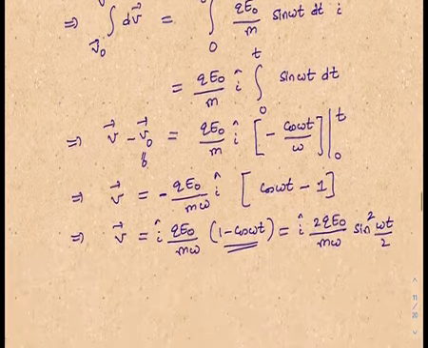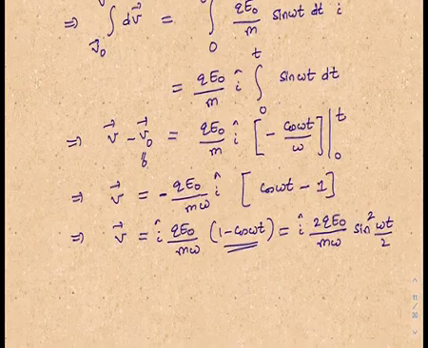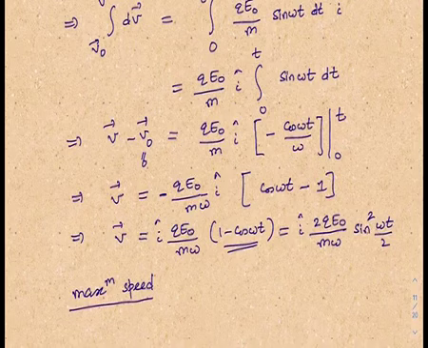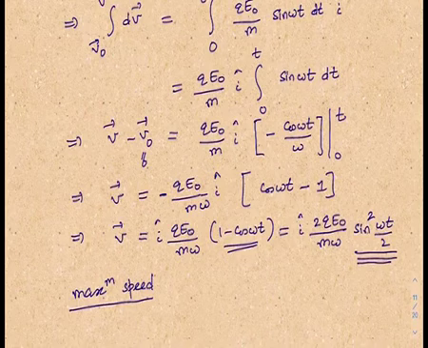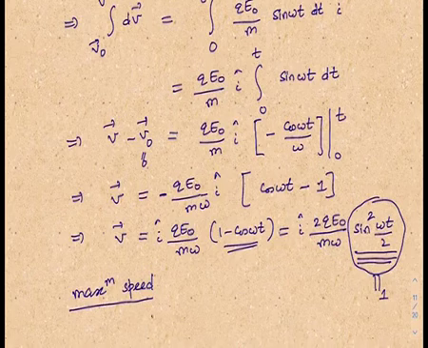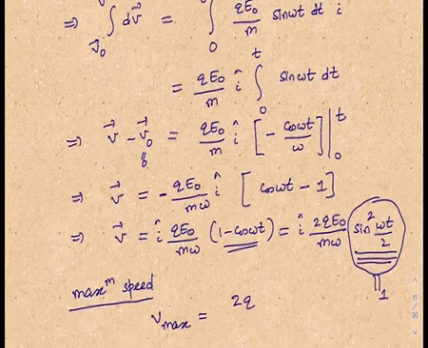Alright, so what about the maximum speed? You will get the maximum speed when this term becomes maximum, and the maximum of sine square omega t by 2 is simply equal to 1. So the maximum speed would be twice q E0 by m omega.